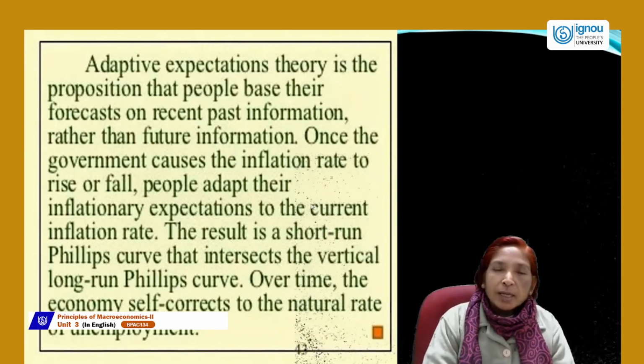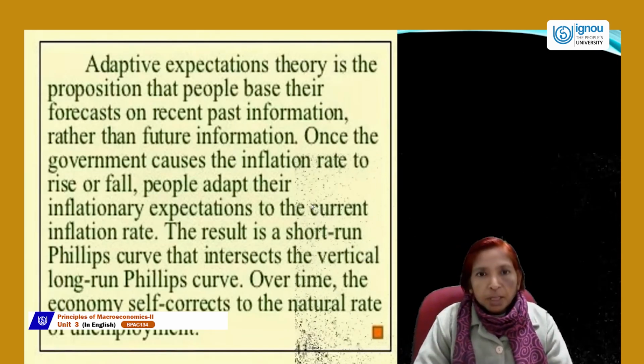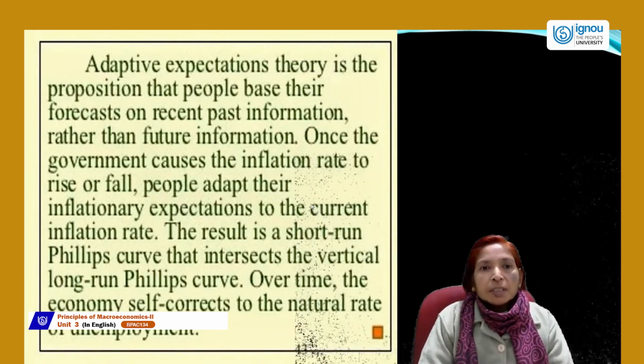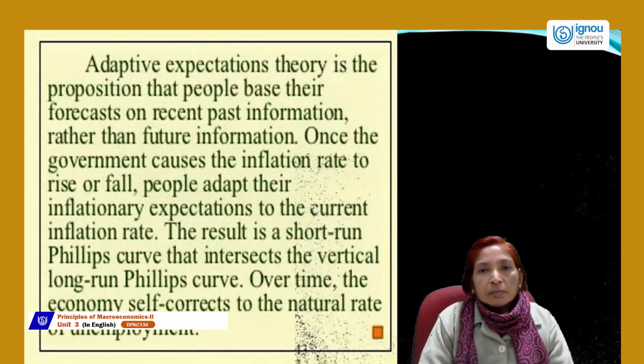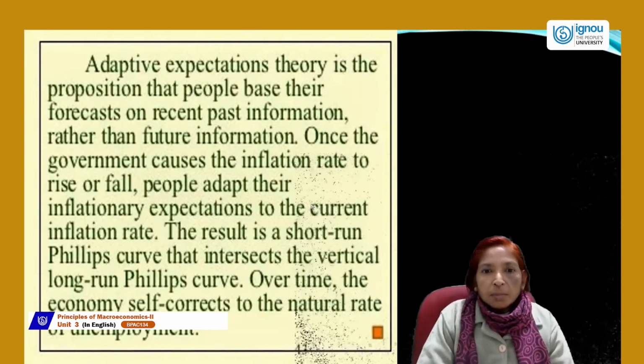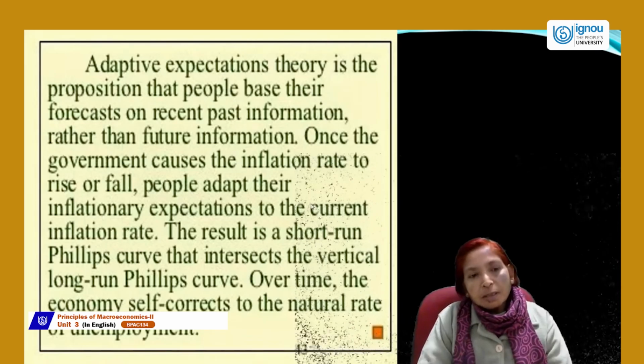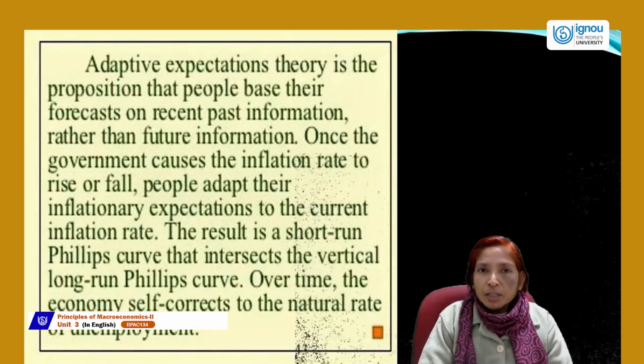So that type of expectation is called adaptive expectation, in which we propose that by seeing the past information we can predict for future. Once the government causes the inflation rate to rise or fall, people adapt their inflationary expectation.